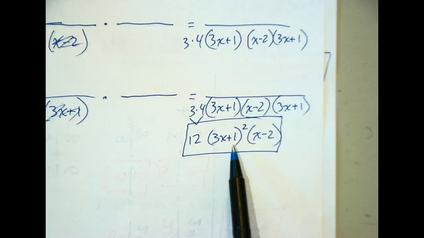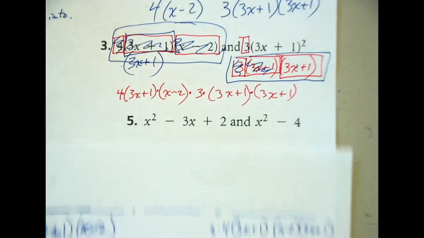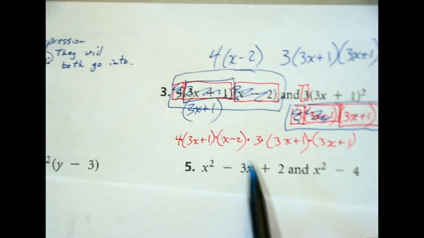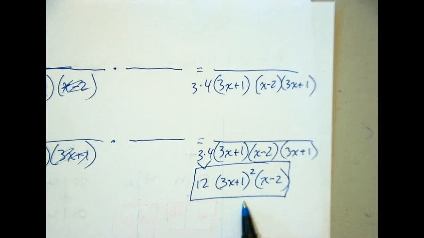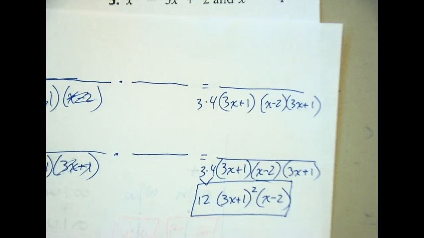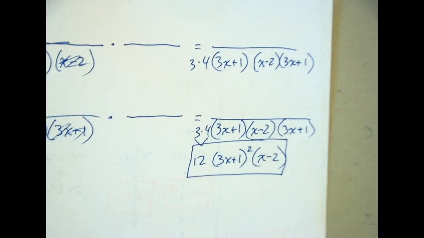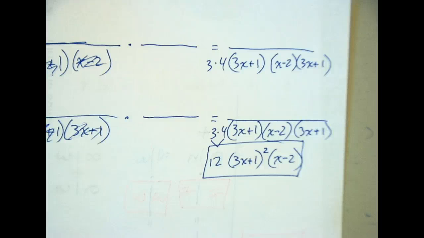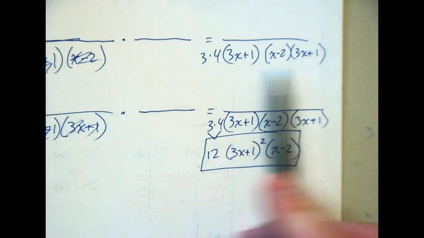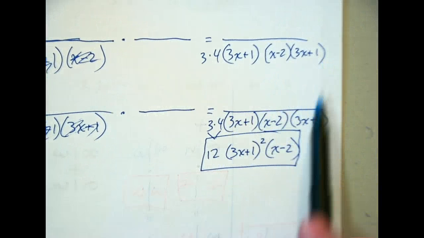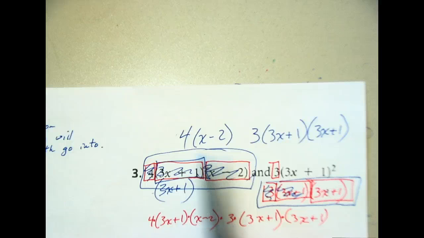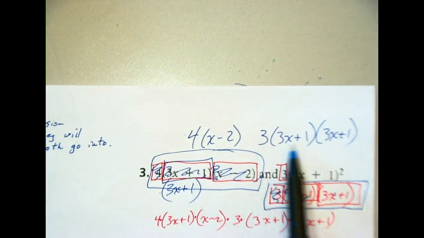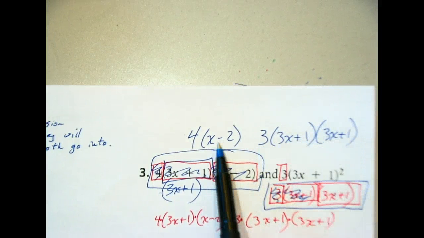Because in the top one, there's only 2. Right. So since there's 2 of them in this one right here, you need to have 2 of them in your common denominator. Yeah. Wait, so the top one is written differently? It's the same thing. That is this, yes. Right? And 4 times 3 is 12. 3x plus 1 quantity squared and x minus 2.